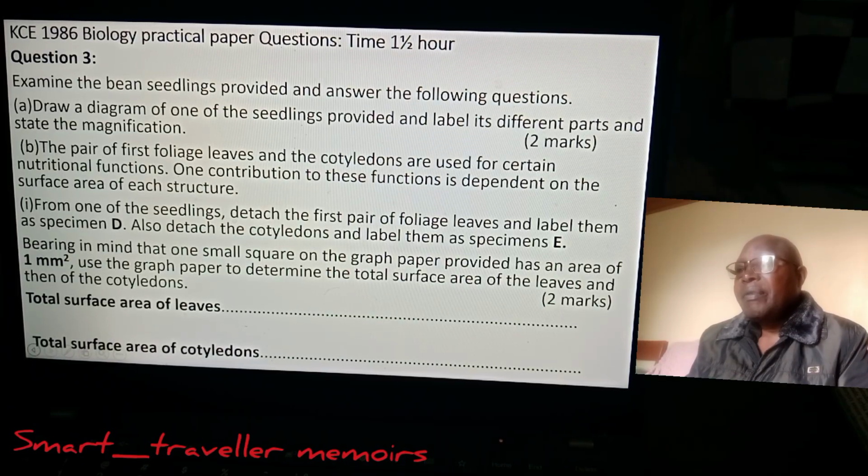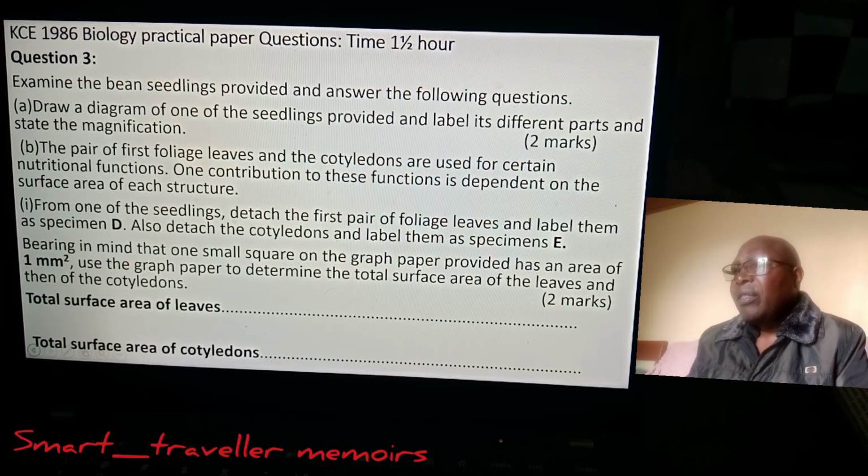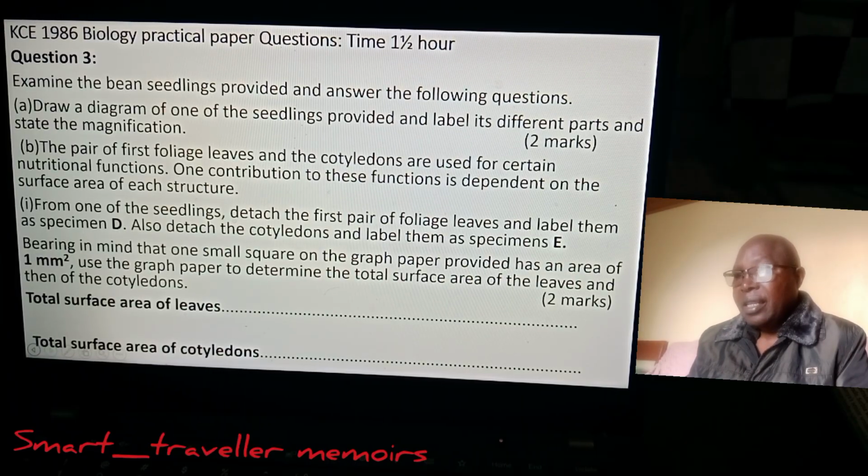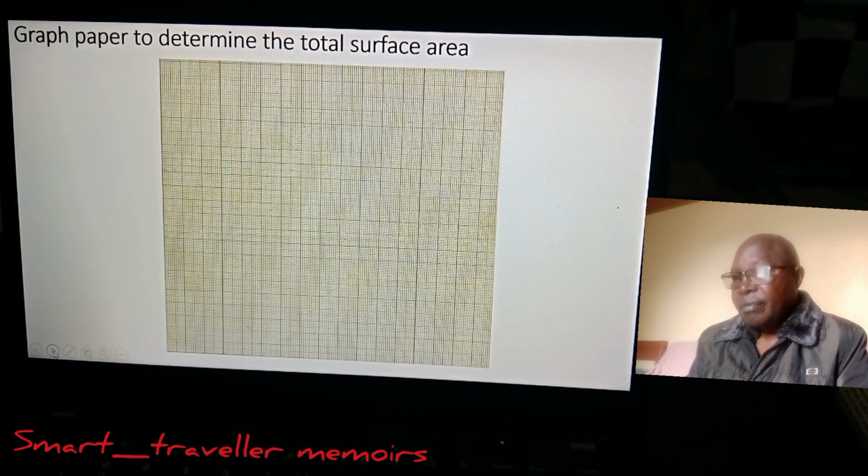Remember, you had been given labels. Also, detach the cotyledons and label them as specimen E. Bearing in mind that one small square on the graph paper provided has an area of 1 millimeter squared, use the graph paper to determine the total surface area of the leaves and then of the cotyledons.